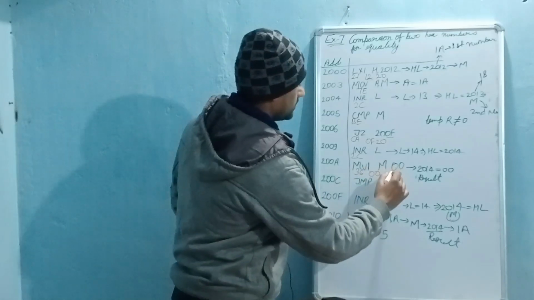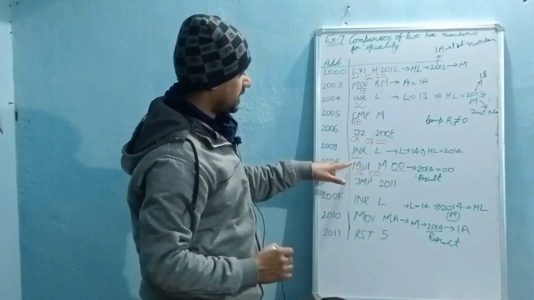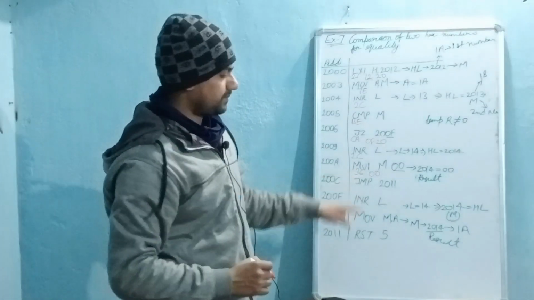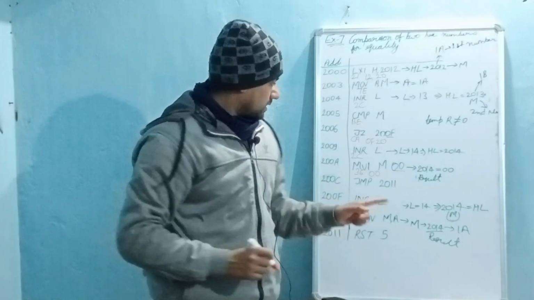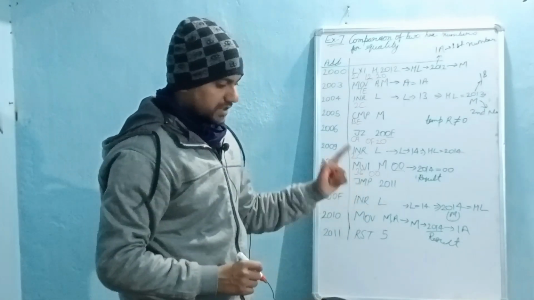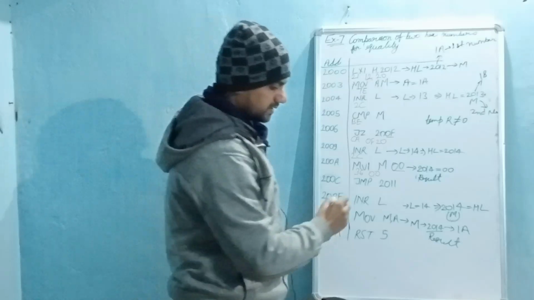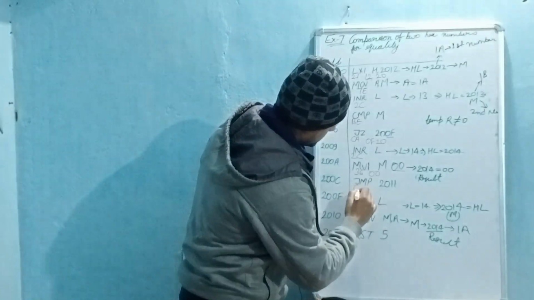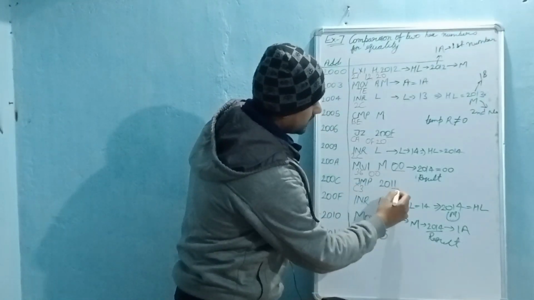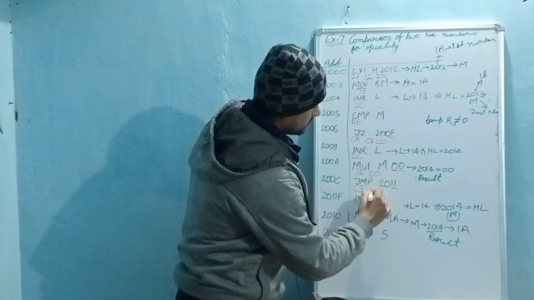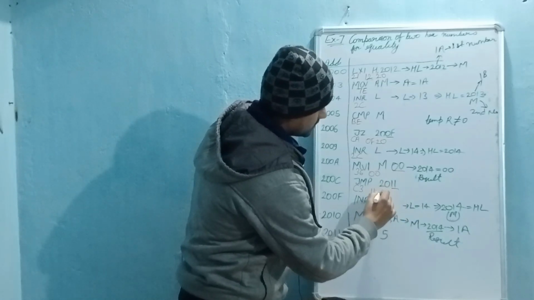Okay, this one I have written here, and for this MVI we have code 36. And next the JMP code is C3. Again we write down the address, first LSB, that is 11, and then after that MSB, that is 20.